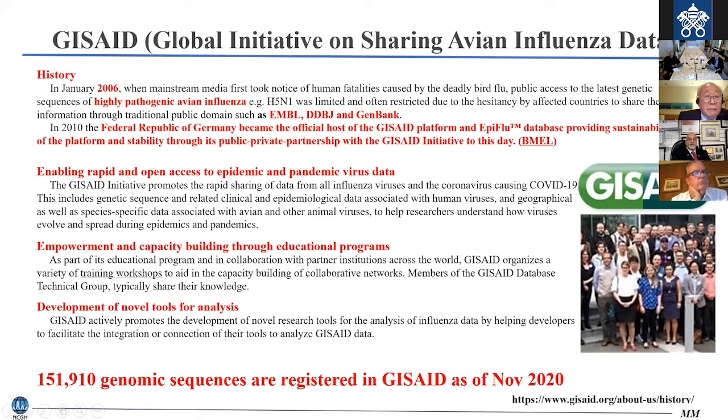So the database was built, with resources such as EMBL, the DNA Data Bank of Japan, and GenBank in the US. The DDBJ is in Japan, EMBL is in the EU, and 4 years later the Federal Republic of Germany became an official supporter. Now it is very easy to develop and use this database.